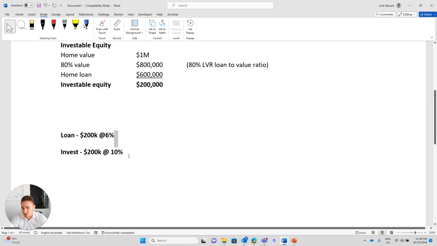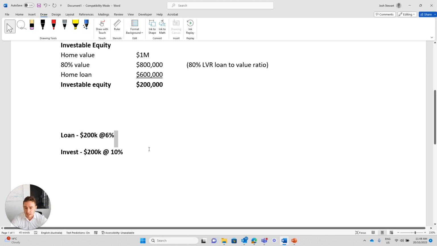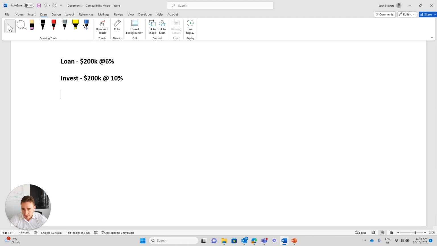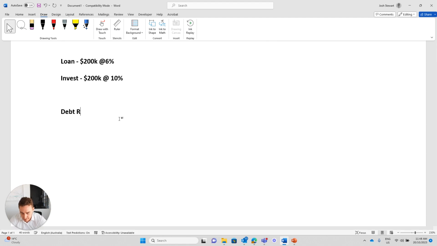So essentially what you're doing with investment is trying to make a bigger return. If you're using debt, you're trying to make a bigger return than what the debt costs. Now, that's simply just the investing. What debt recycling does is take that one step further.